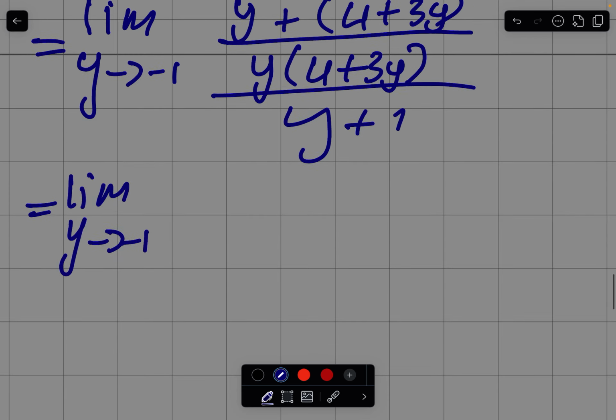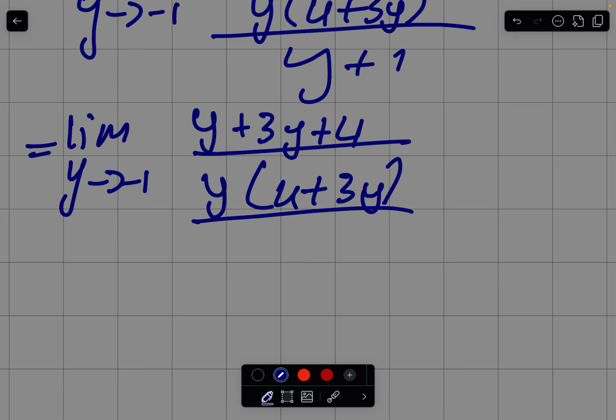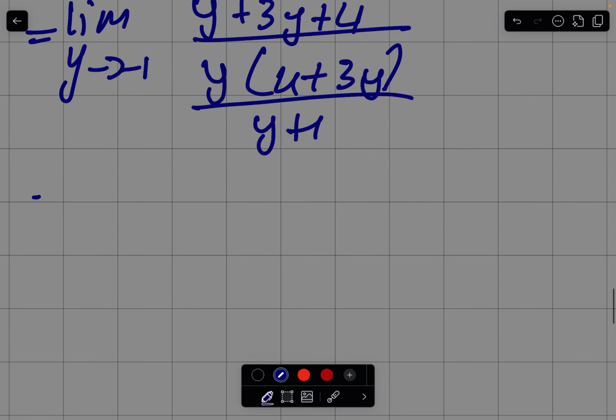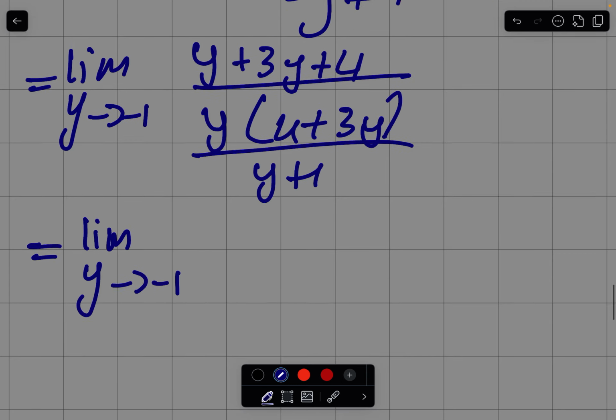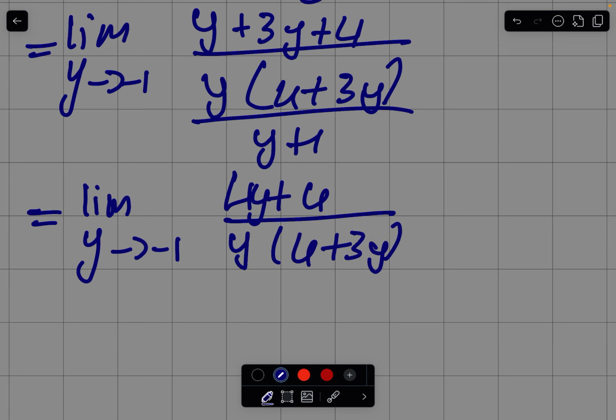We're going to have the limit as y approaches -1 of y plus 3y plus 4, all divided by y times 4 plus 3y, all divided by y plus 1. Therefore, y plus 3y is 4y plus 4, divided by y times 4 plus 3y, divided by y plus 1.